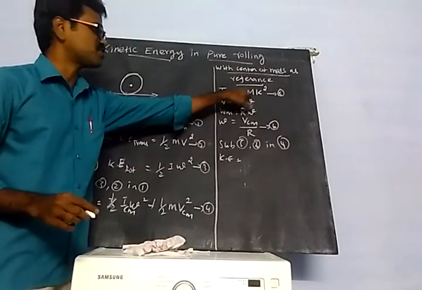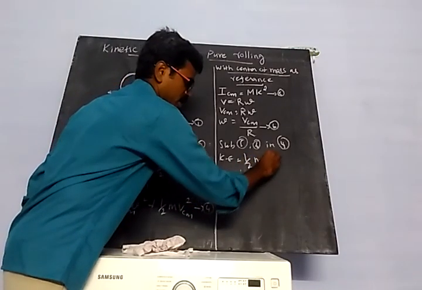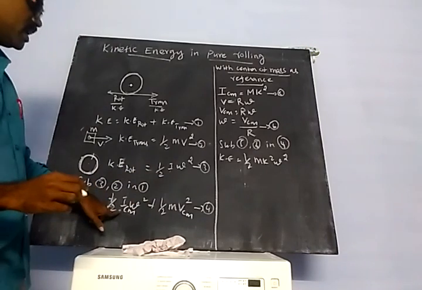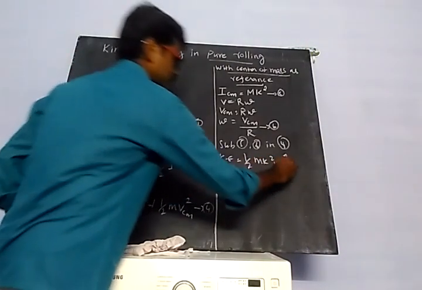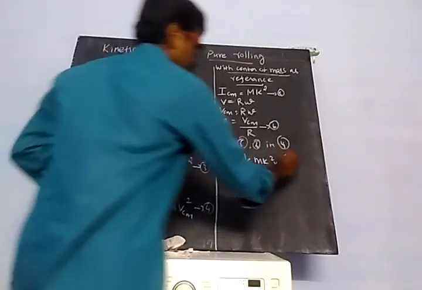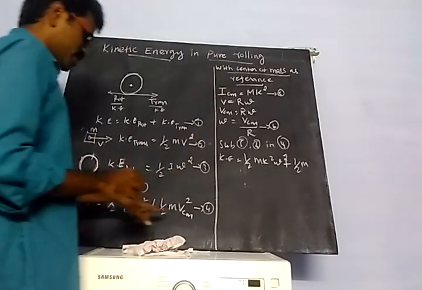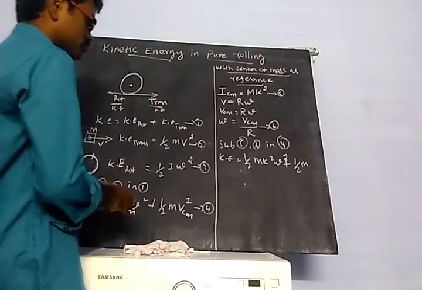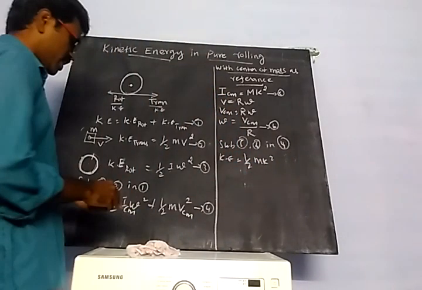ICM you can substitute as m k square, then half m k square omega square plus half m VCM squared.